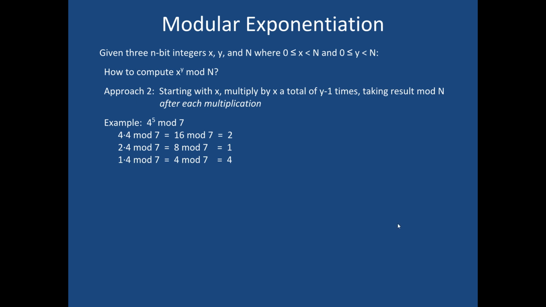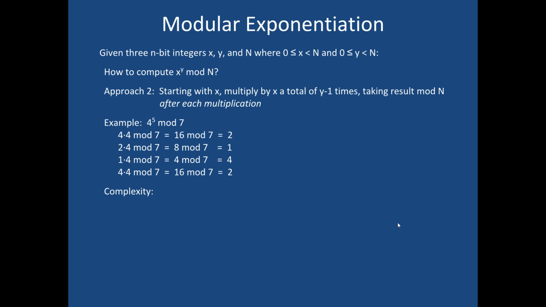We take that mod 7, we get 4. And then we do 4 times 4, which is 16, mod 7 we get 2. And that's our answer. So rather than do 4 times 4 times 4 times 4 times 4, and then take it mod 7, we just take the mods as we go along. It keeps our numbers smaller.